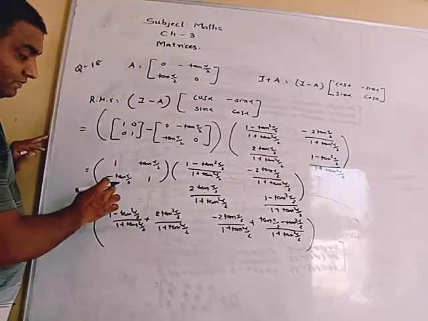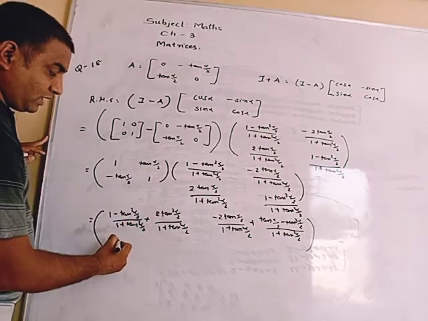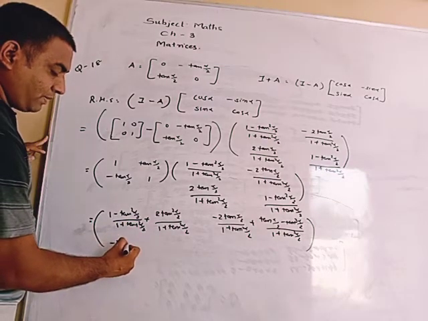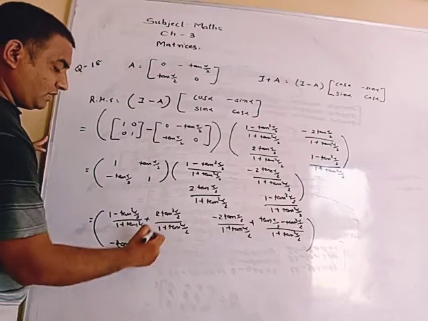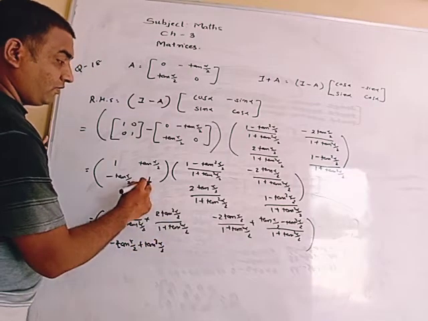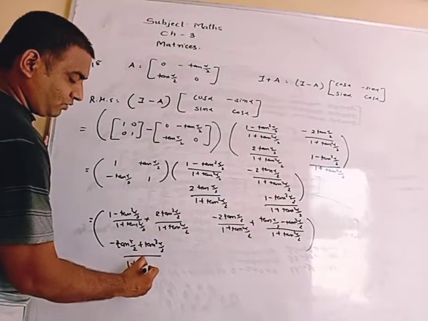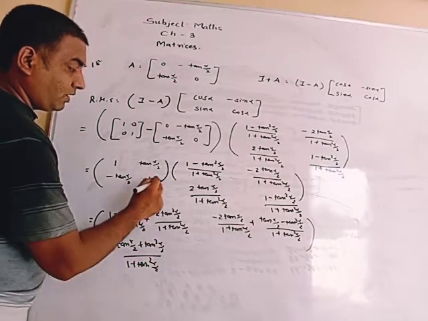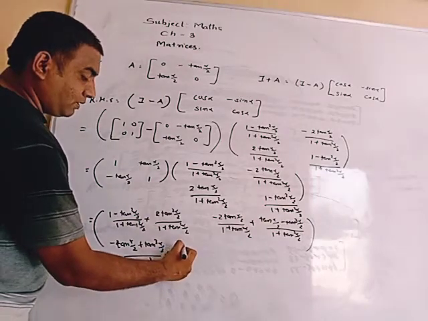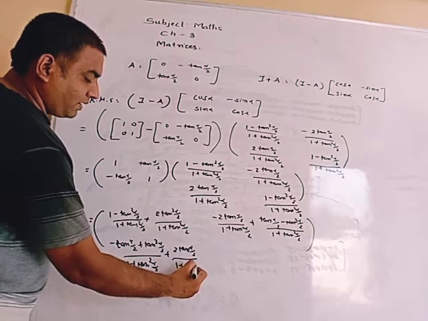Similarly here, minus tan alpha by 2 into this gives minus tan alpha by 2 plus tan cube alpha by 2, and 1 into this, upon 1 plus tan square alpha by 2. Now 1 multiplied by this, we take 2 tan alpha by 2 upon 1 plus tan square alpha by 2.